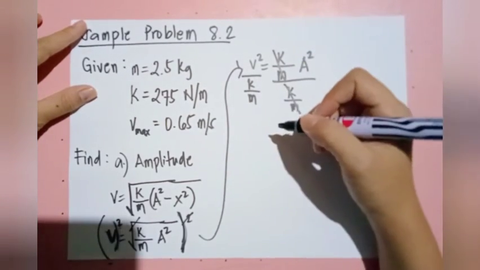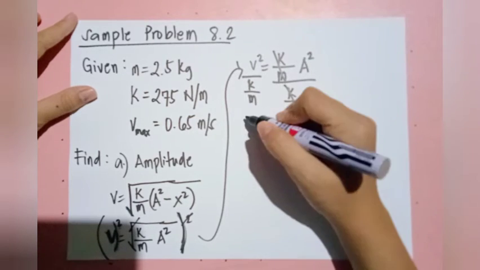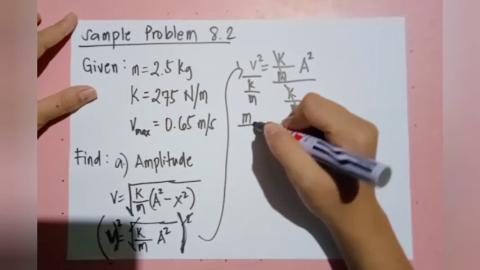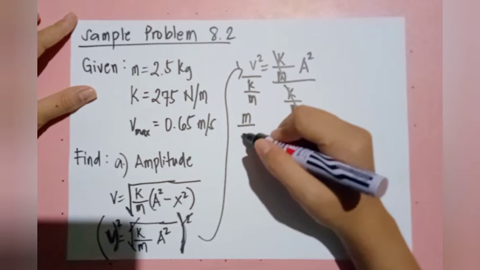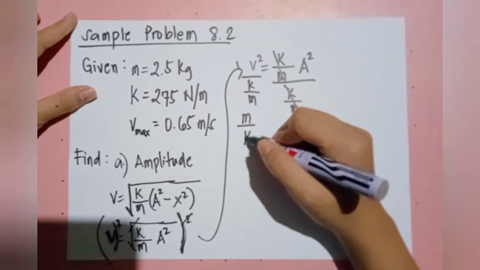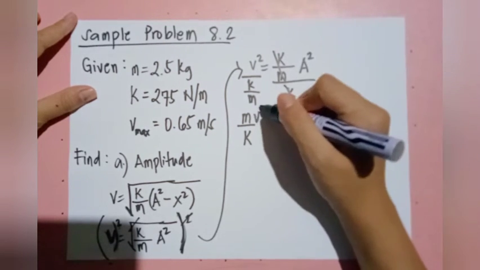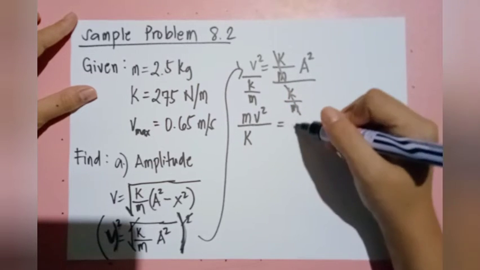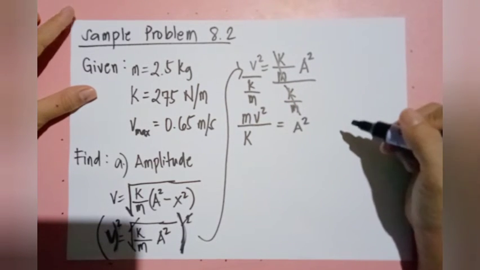Okay, this will become m over k times v squared equals a squared.